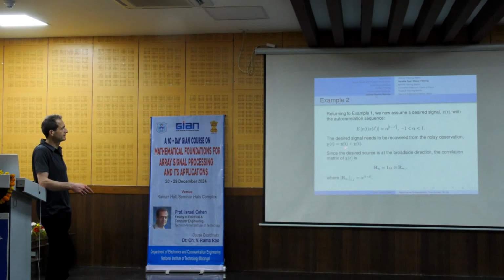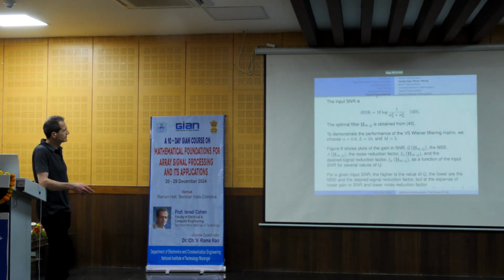Okay? And we can find for this example, suppose that we have the desired signal that comes, let's say in example 2, from the broadside. And we have interference, and also thermal noise, and the interference comes from the endfire.